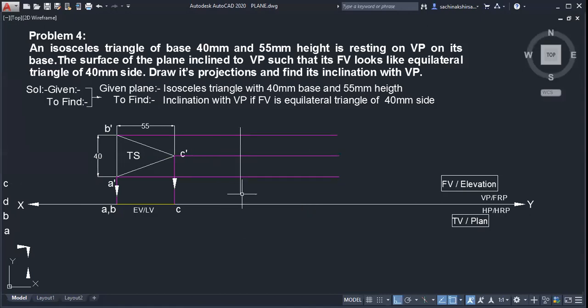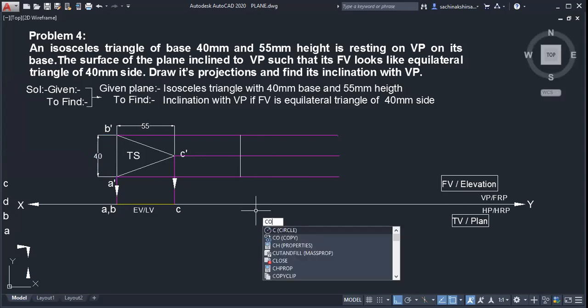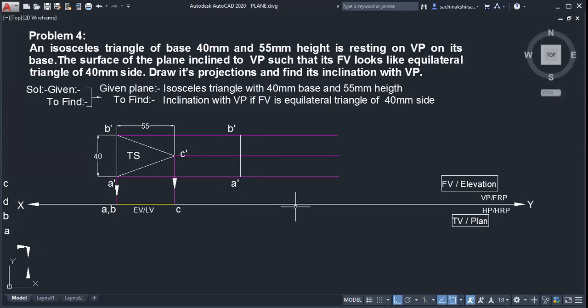So this will be 40, because here the distance is 40 and we are taking distances horizontally. This length will remain 40. Any objection? No, sir. This will remain only 40. Okay, so here I have taken it.